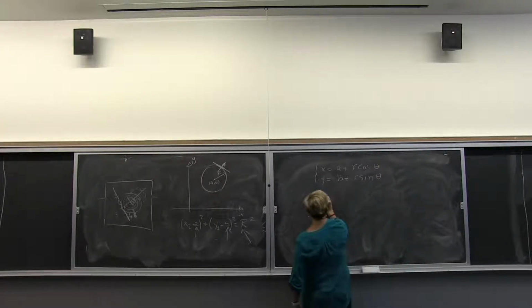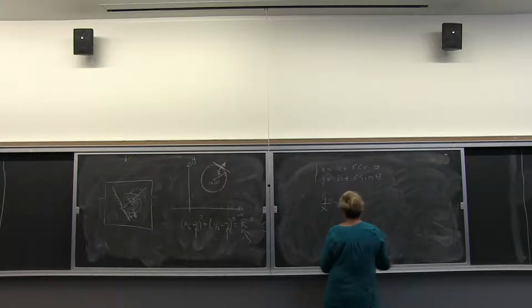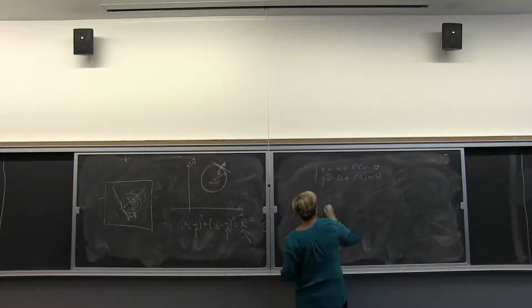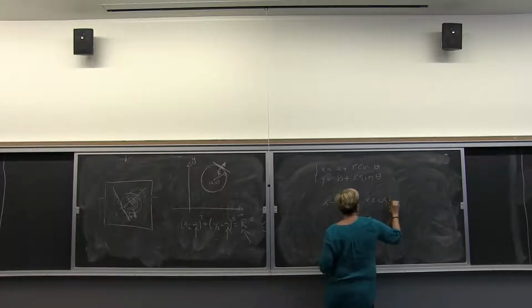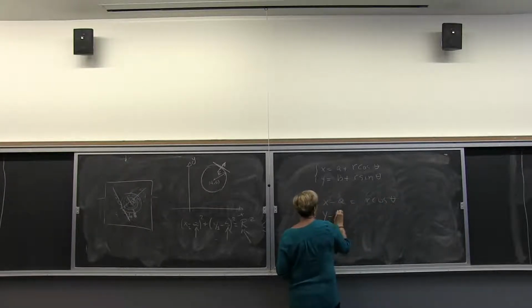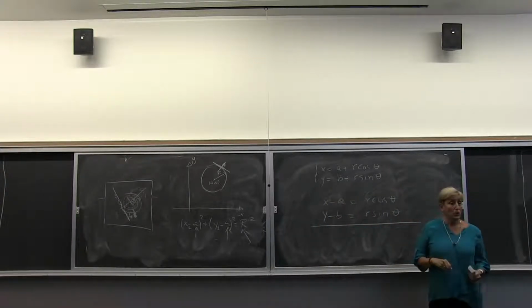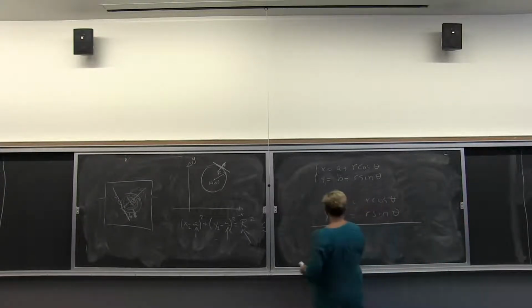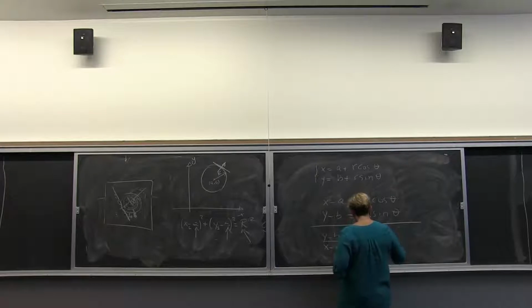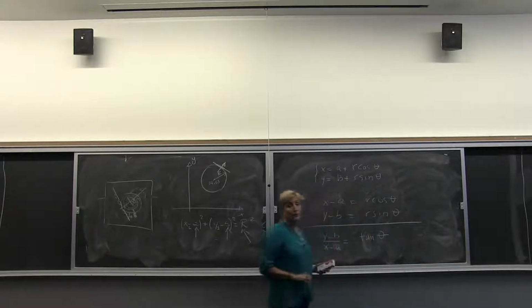Sorry. Let me simplify it. Let's do x minus a is equal to r cosine theta, and y minus b is equal to r sine theta. And then do the ratio of these two equations, right? So then I have that y minus b over x minus a is equal to tan theta.